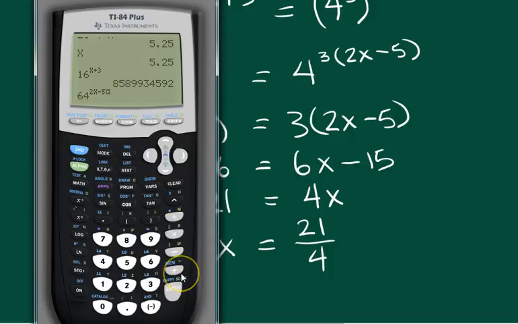So note, I am not finding for myself 2x minus 5. I go back to this original form of the problem because I want to make sure that those two are actually equal. I press enter and wow, I get the same never before seen number again. So this shows that I solved the equation correctly.